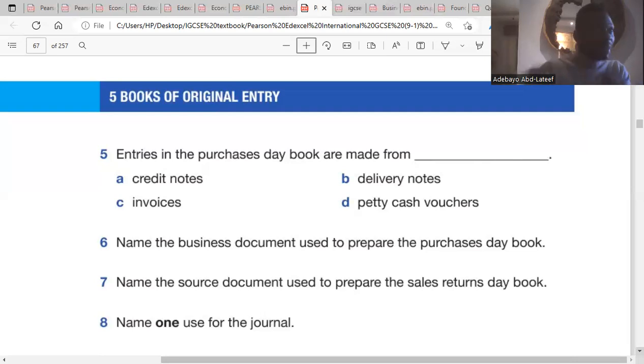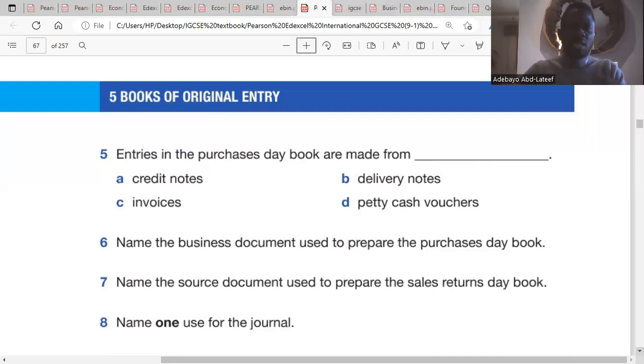As soon as the delivery van brings it, you have to sign on the delivery note that all those goods that the dispatch has brought to you are okay, are in good condition. Then you sign it. So it's not to be recorded. It can even be sent through email. Your supplier can send it through email to you. So as soon as the dispatch comes in, you just have to check the quantities, the value of the quantities, and the figure, and whatever you need to check, you check.